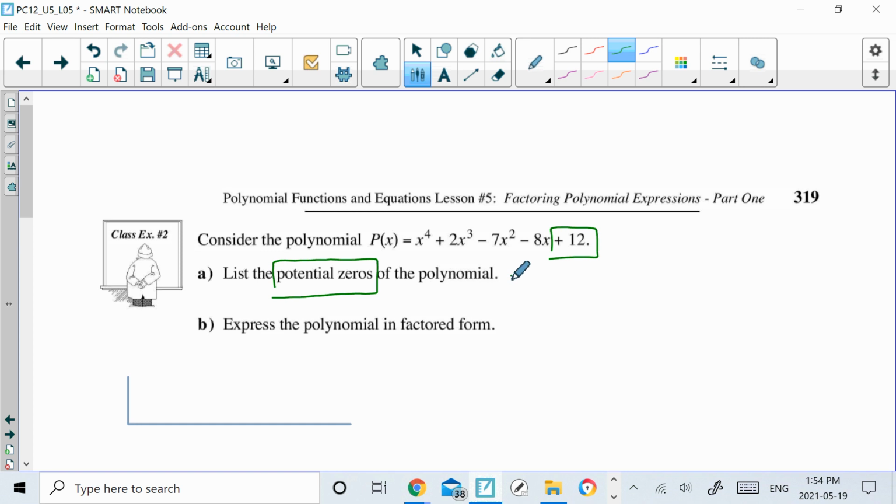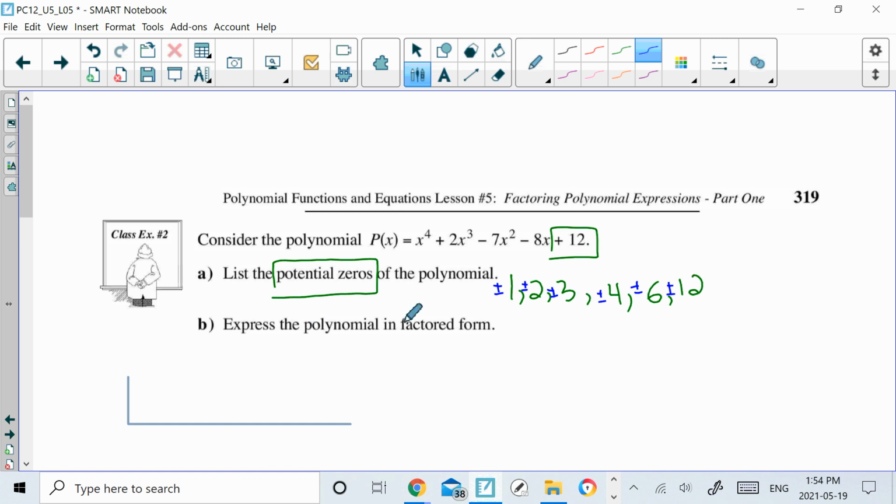So the factors of 12, the numbers that divide into 12, are 1 and 12. 2 is a factor of 12 and it goes in 6 times. 3 is a factor of 12 and it goes in 4 times. These are all of the factors of 12. Now to make them potential zeros, I need to put a plus or minus in front of each one. Okay, those are the potential zeros.